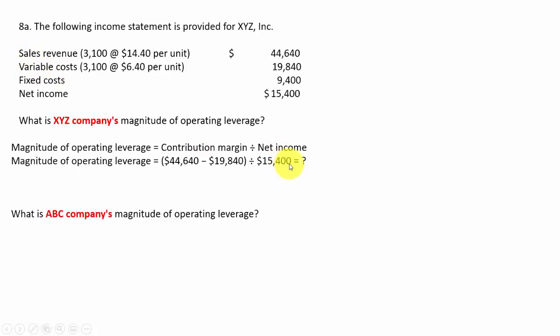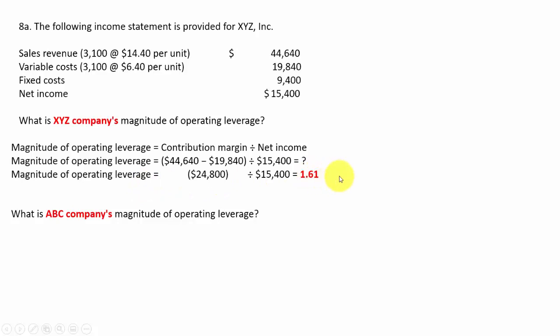So our contribution margin will be $44,640 minus $19,840, and that's divided by our net income of $15,400. So that means that our contribution margin is $24,800, and we divide that by $15,400, which is our net income, and our operating leverage is 1.61.